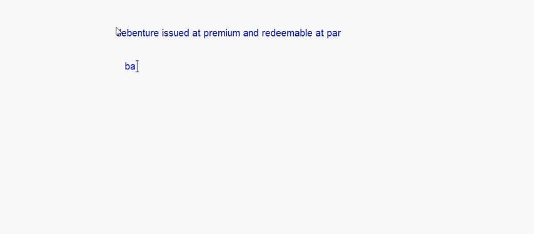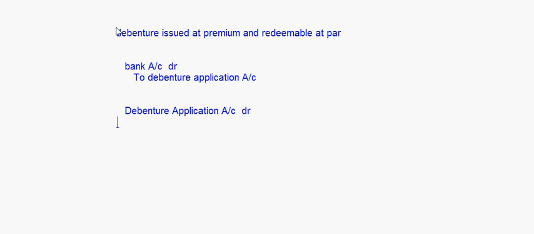Now here it is bank account debit to debenture application account, and here you have debenture application account debit to 9% debentures account and to securities premium reserve with the amount of premium here.